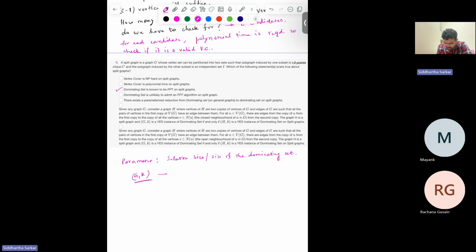If you can find an algorithm with f of k times n to the constant running time, then we will say that dominating set is FPT on split graphs.